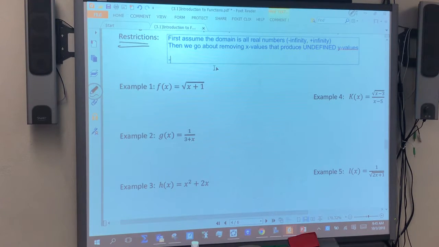Okay? So, why was that a problem? What made that a problem? It was taking the square root of a negative number, right? Okay? So the first issue, the first restriction that we have here is taking square roots. I'm going to write this way, even roots of negative values.